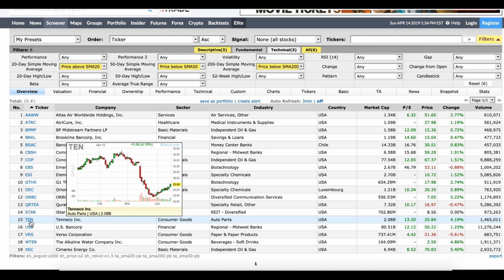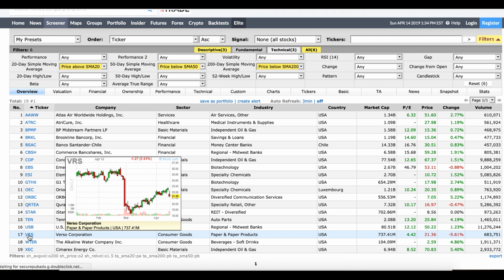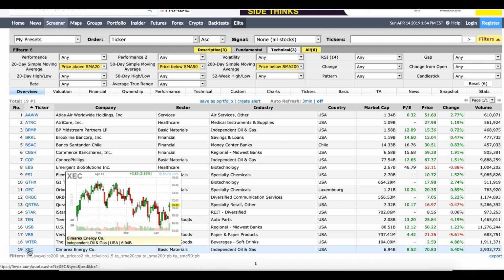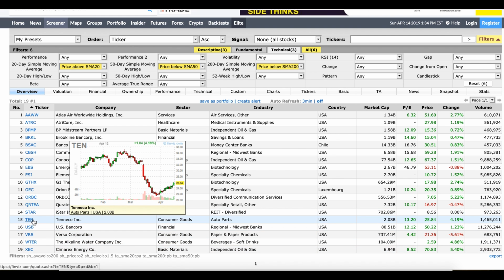It might be worth looking at a little bit closer. Consumer goods. We know consumer goods has been good. U.S. Bank Corp, the financial, doesn't look that interesting. Yeah, so maybe this one could look interesting. TEN.